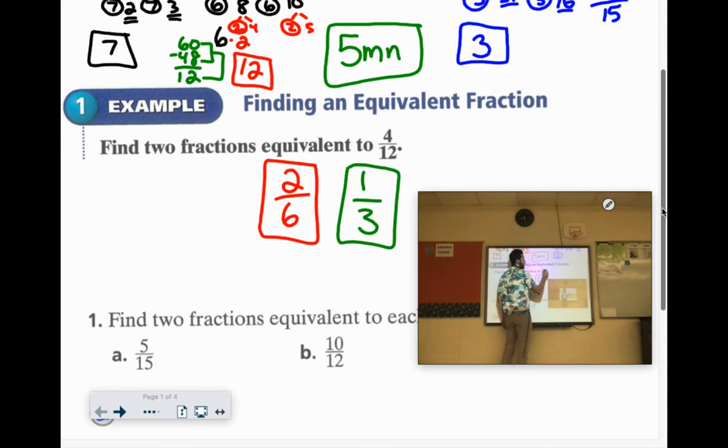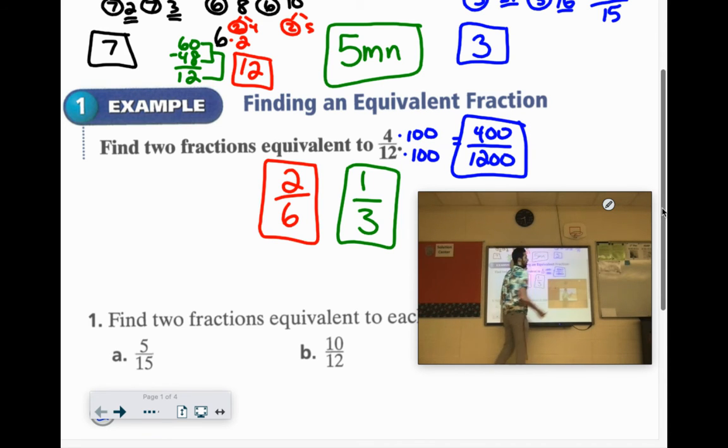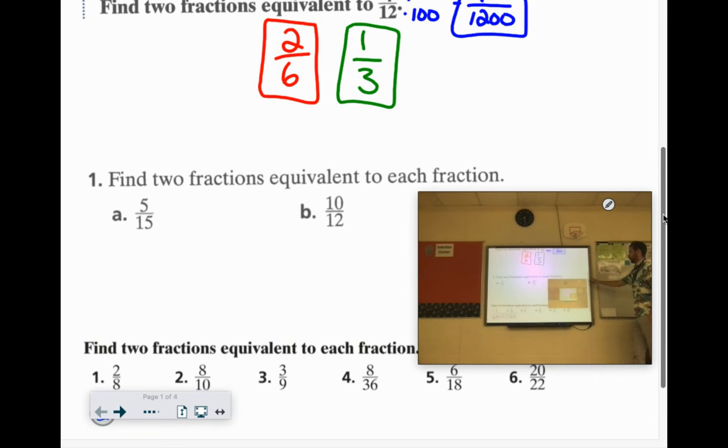You could do 4 times 100, as long as you did 12 times 100. So we'd have 400 over 1200. This would also be an equivalent fraction. But all they asked for was 2 of them. And they didn't necessarily say simplify it, but that's kind of where we're going with this. So it's good if we can simplify it to its lowest fraction.